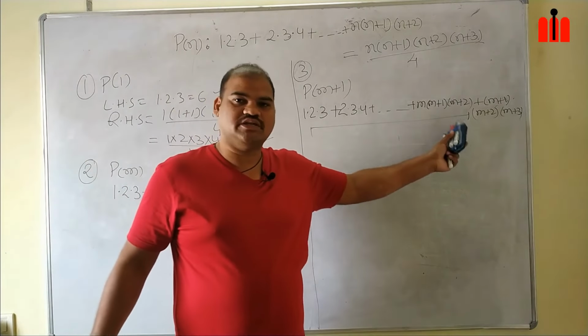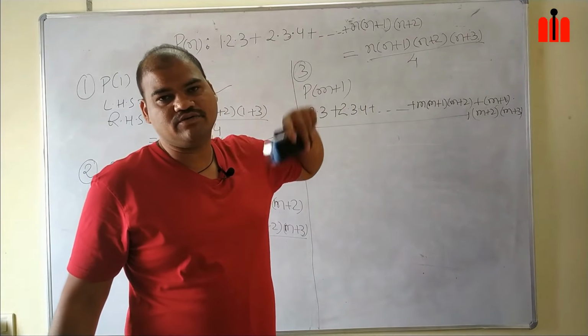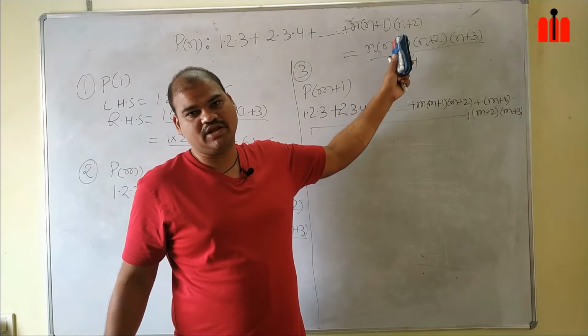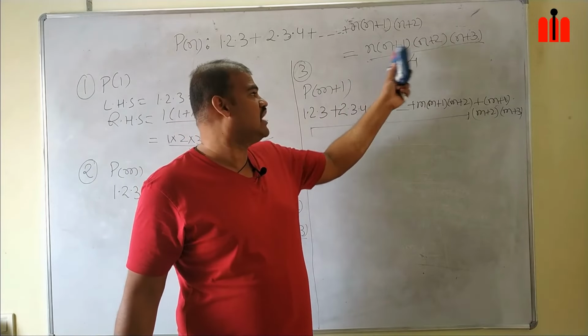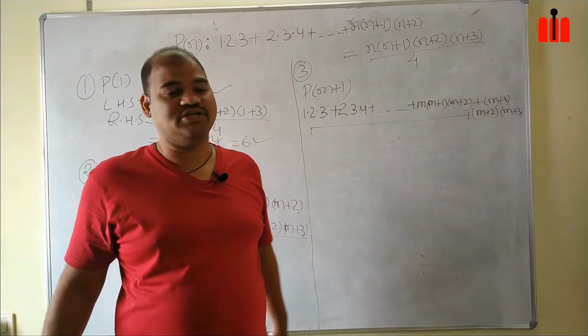For the M plus 1th term, I had substituted n is equal to M plus 1. So when n is equal to M plus 1, it will be M plus 1, M plus 2, M plus 3. Now how will my R.H.S look? In R.H.S, you substitute n is equal to M plus 1.